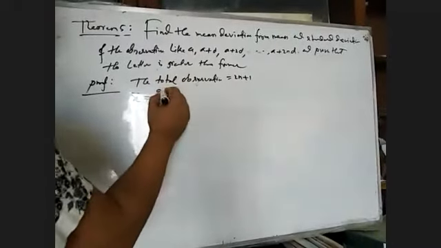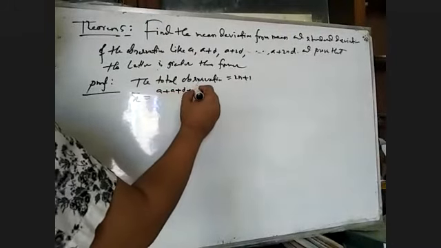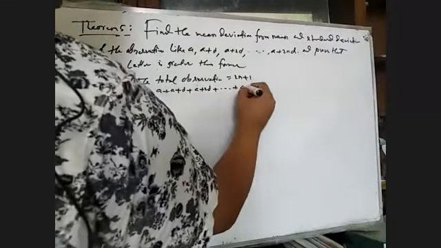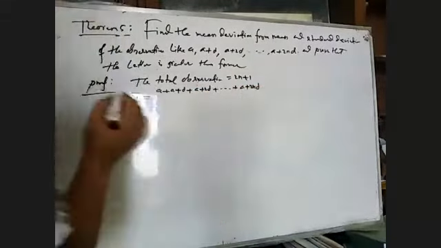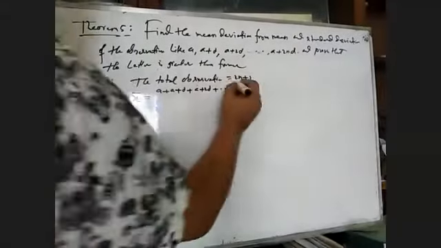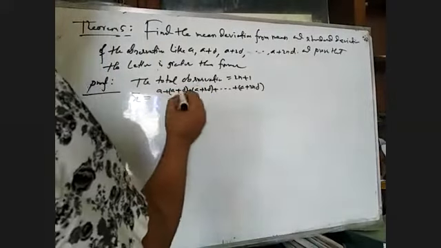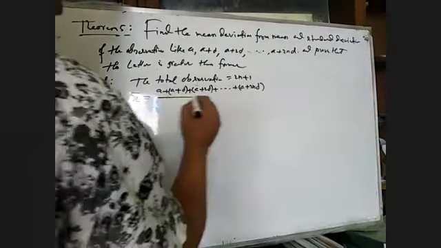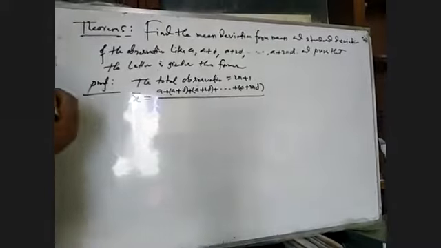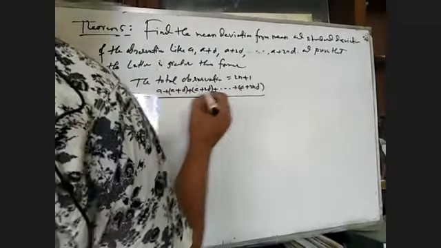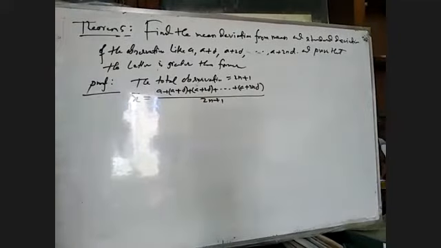Just adding a, a plus d, a plus 2d, dot dot, plus a plus 2nd, the last term. First term, second term, third term, dot dot, this is the last term. So how many terms here? 2n plus 1, dividing by 2n plus 1, we get what?